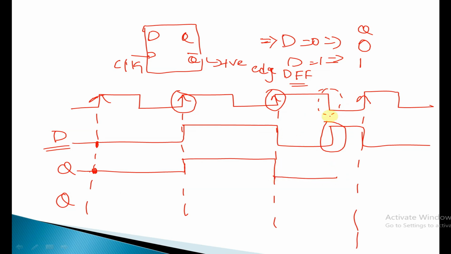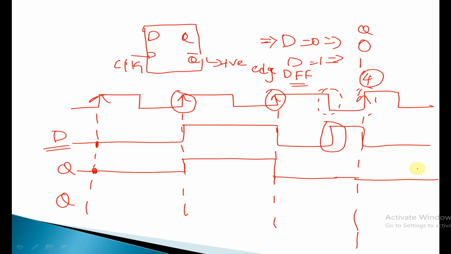The sampling will be happening only on the positive edges of the clock, not at the negative edges. So although there is a change in the input from 0 to 1, there will be no reflection at the output at the negative edge. The design is going to check the input only at the positive edges of the clock, and at the fourth positive edge of the clock, our input is equal to 0. So the output will also remain 0.